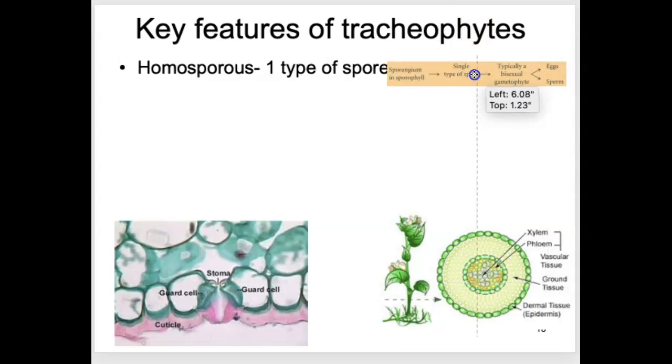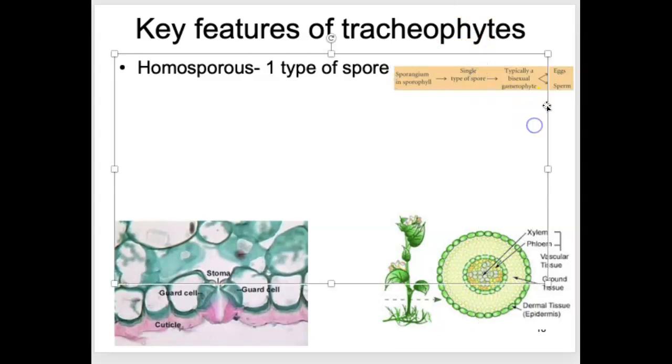So as a plant, you're producing spores that are basically all the same size, same general type of spore. They're not genetically identical, so don't think that, but structurally, they're all similar. And I'll explain as we go through the plants what happens when you get into heterosporous, which means two different types of spores. So we have that as a key feature of many of the early tracheophytes.